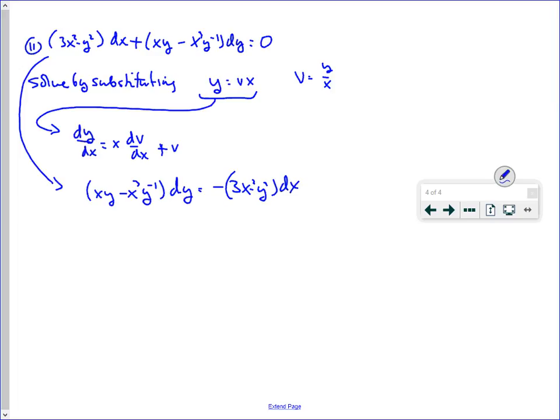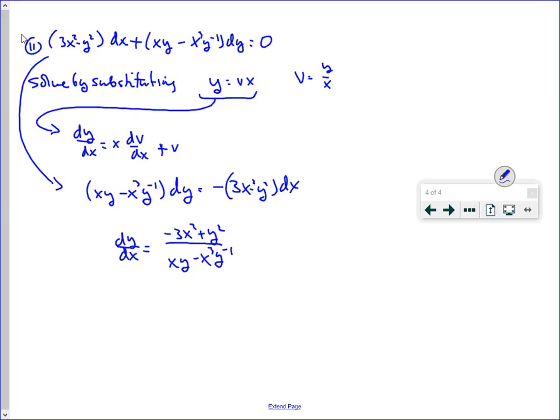And now let's divide and do a few things here. dy/dx then is... and actually, okay, I went ahead and distributed this negative on these two terms. Okay. Now we put everything in.